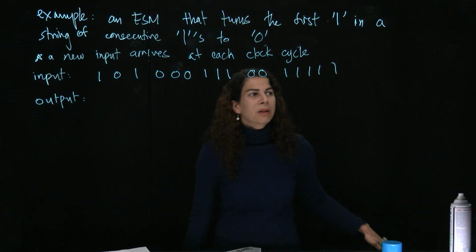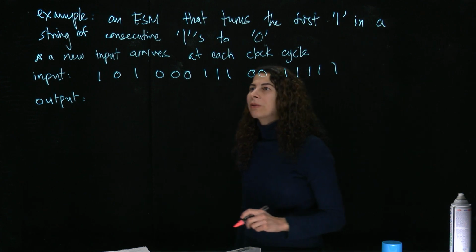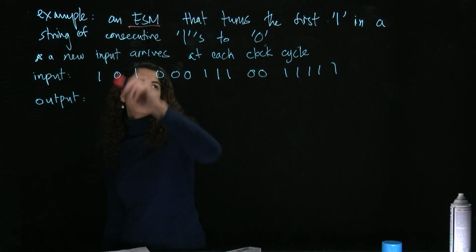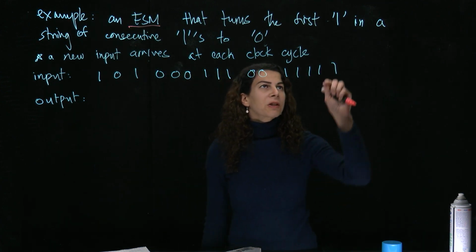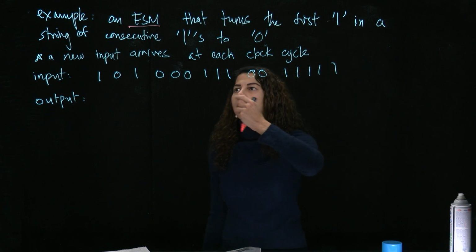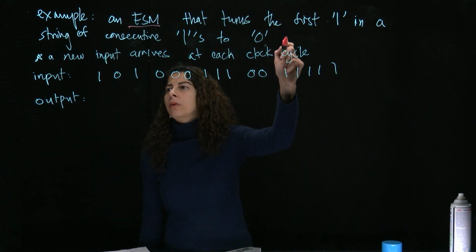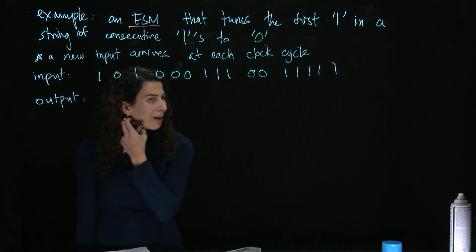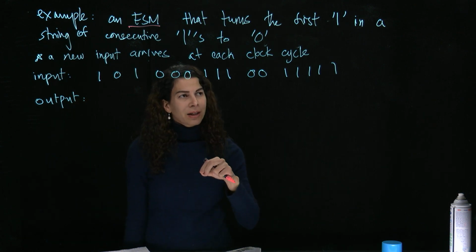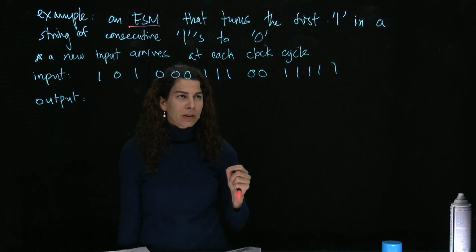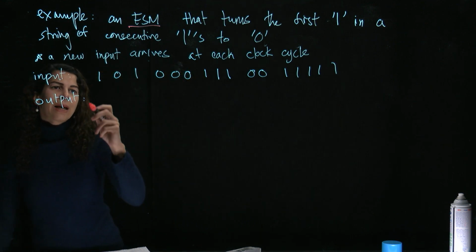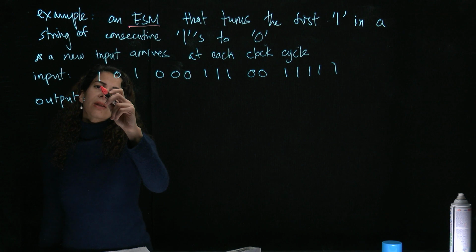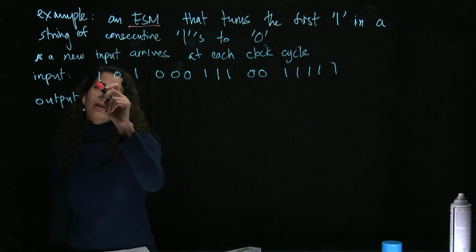Here's another example of a finite state machine. Assume that we are designing a finite state machine that turns the first 1 in a string of consecutive 1s to 0. For the purpose of this problem, let's assume that in each clock cycle we have one input arriving, so our input is 1 bit. And the output is just going to 0 the first 1 in a string of consecutive 1s.